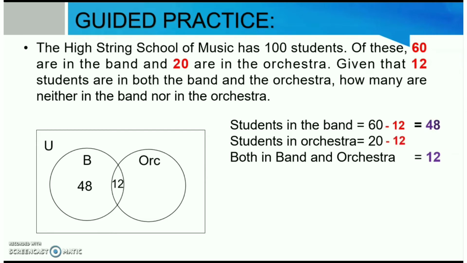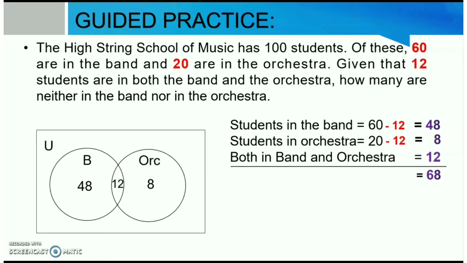So, 20 minus 12 is equal to 8. So, ang estudyante pala natin na nag-orchestra lamang ay 8. Okay. So, ito total natin, ang mga students na nagbabanda, nag-orchestra, nagbabanda at nag-orchestra is equal to 68 students.